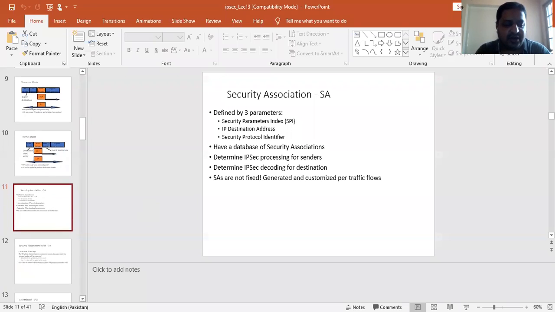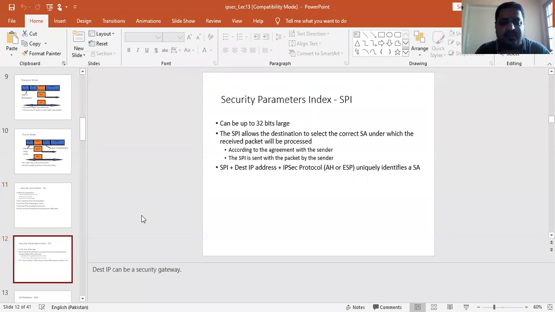So we have some parameters which are used here, as we define whenever we define different rules for a particular packet, like in the firewall, as we discussed.